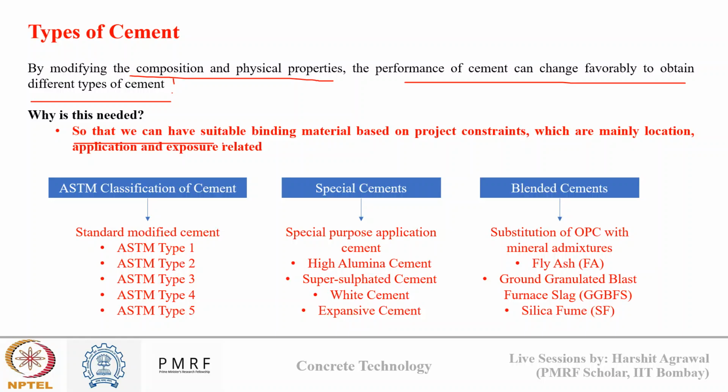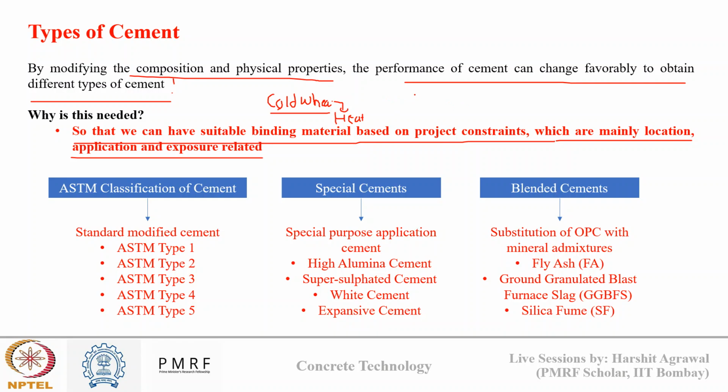So that we can have a suitable binding material based on our project constraints, which are mainly location, application, and exposure related. There are times when we are doing concreting in cold weather. In such cold weather we want a cement which has high heat of hydration, so that it can react fast, where temperature is not supporting the reaction of cement.